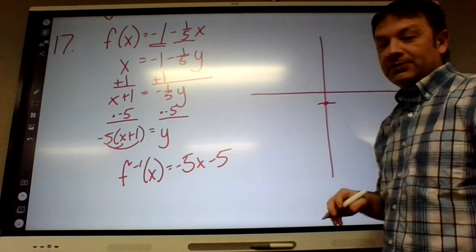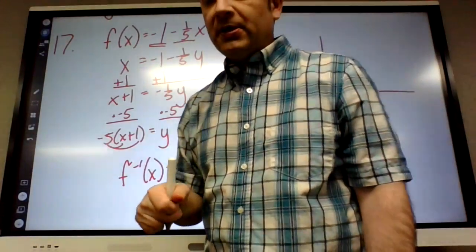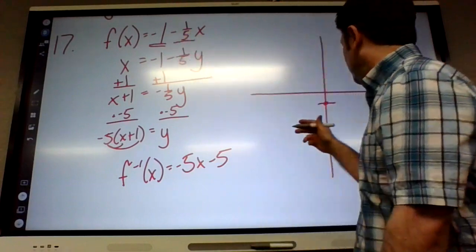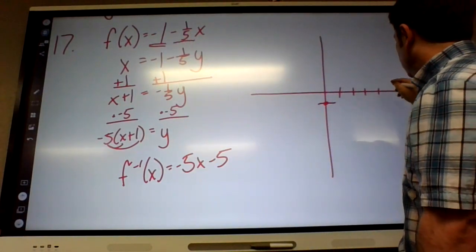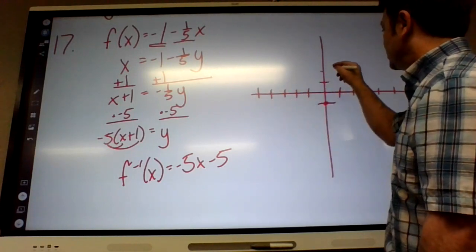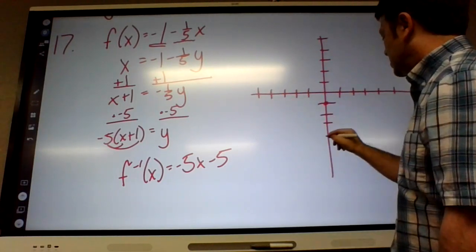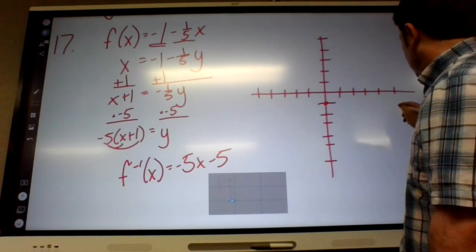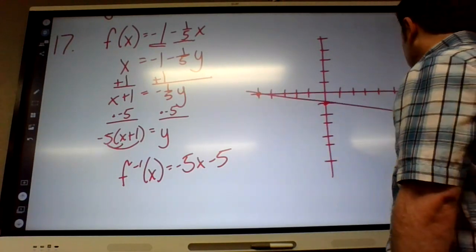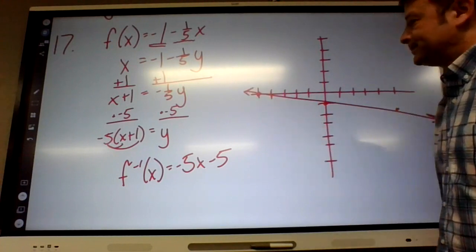Yeah, mine's going to be a little sloppy because I'm not on graph paper. And the slope is -1/5, which means what? Down 1, right 5, yes. Down 1, right 5, or up 1, back 5. So it looks like that.